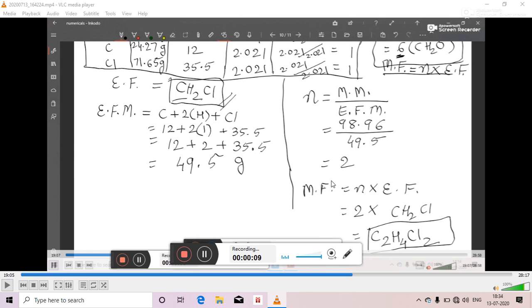Now molecular formula equal to N into empirical formula. So N is 2 and empirical formula is CH2Cl, so that is equal to C2H4Cl2. So our answer is C2H4Cl2.